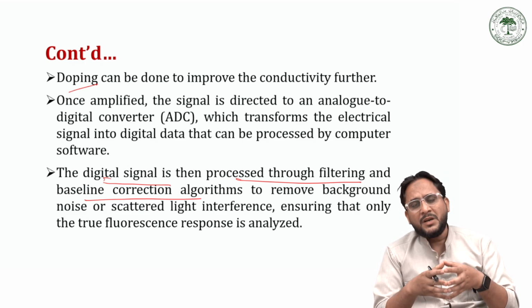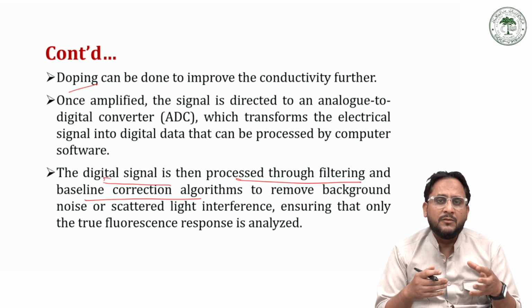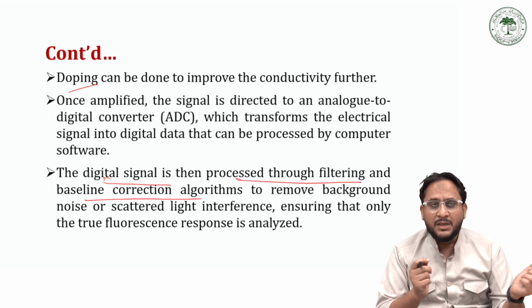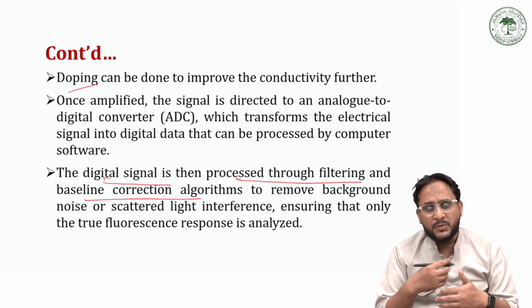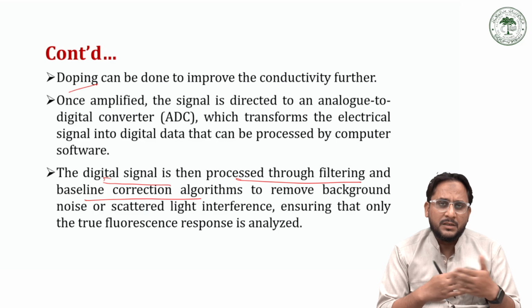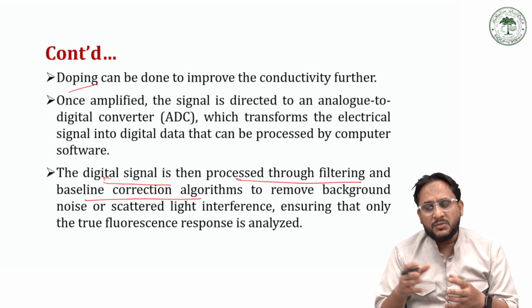In order to remove the background radiations and the noise in the spectrum, we first do a blank run in which the analyte is not present, while all other things except the analyte are present. We carry out that run, and then when the experimental run is carried out in which the analyte is also present, we subtract the background radiations in this way, and a perfect spectrum is obtained.